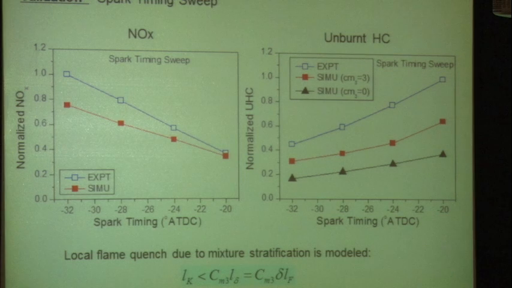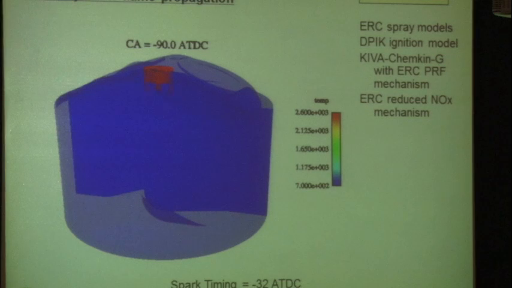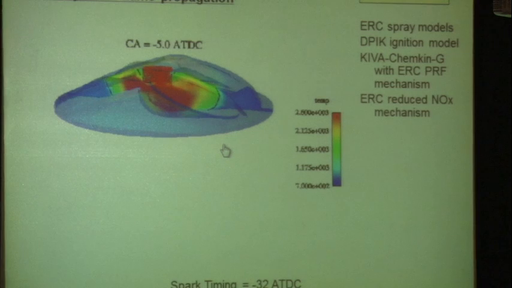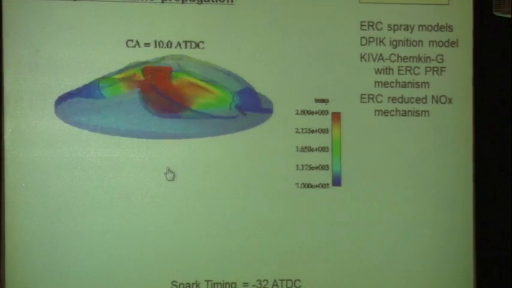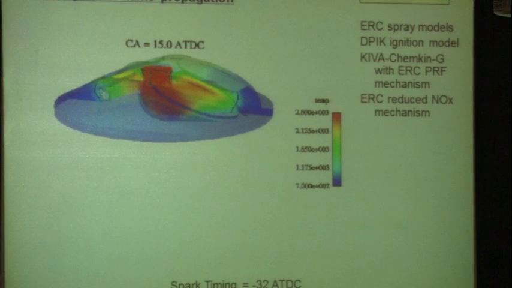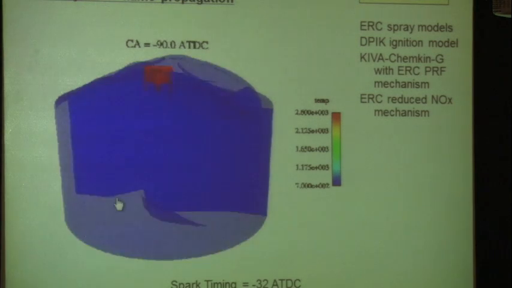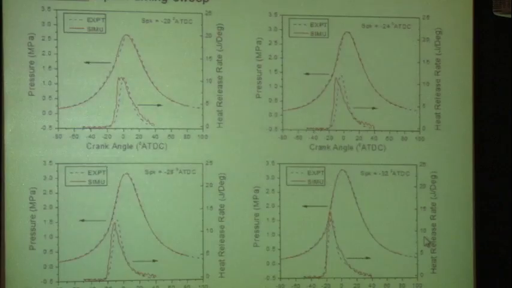And then we realized that if you go back to the movie, in the case of a stratified charge calculation, there are regions ahead of the flame where basically the flame is traveling in this tiny little channel here, where the flame speeds are decreasing. And in fact, we believe that that's really the origin of the unburnt hydrocarbons. The flame essentially stops propagating across the chamber.